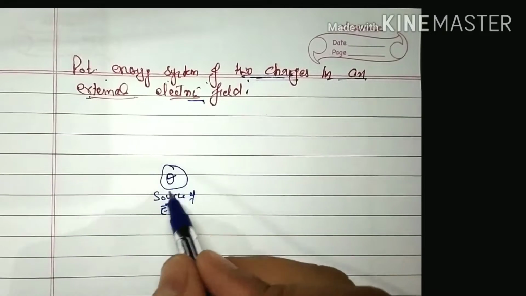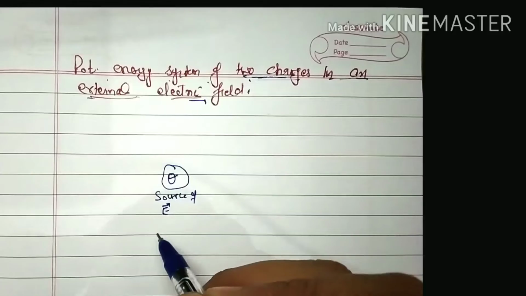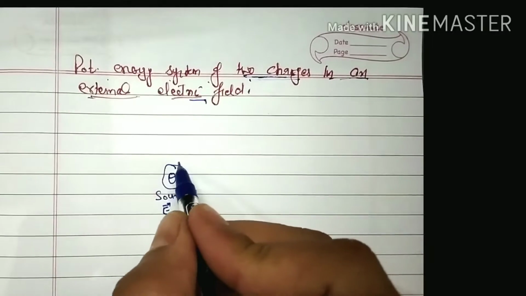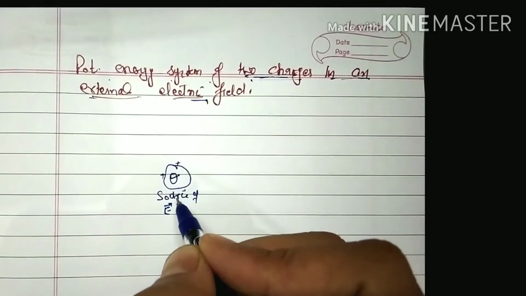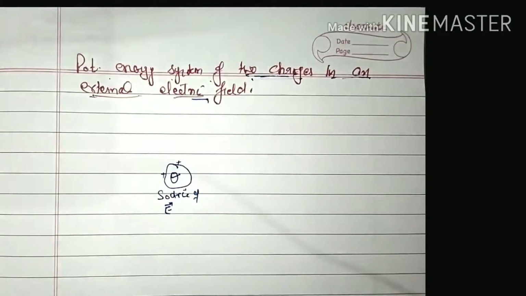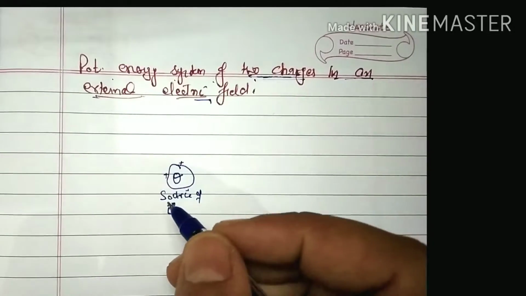Suppose here we have a charge, a conductor, we can say, and due to that conductor positive charge is distributed uniformly. So around this charge there is what? Electric field. Now near this charge we want to bring 2 point charges.